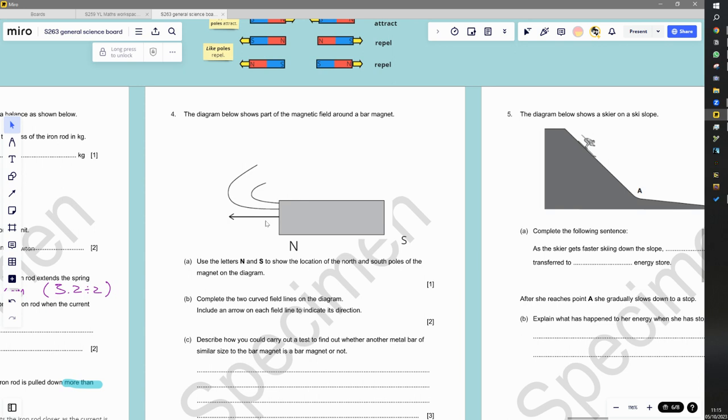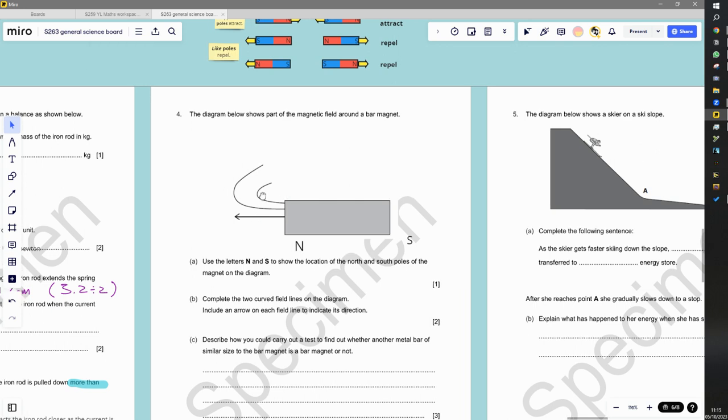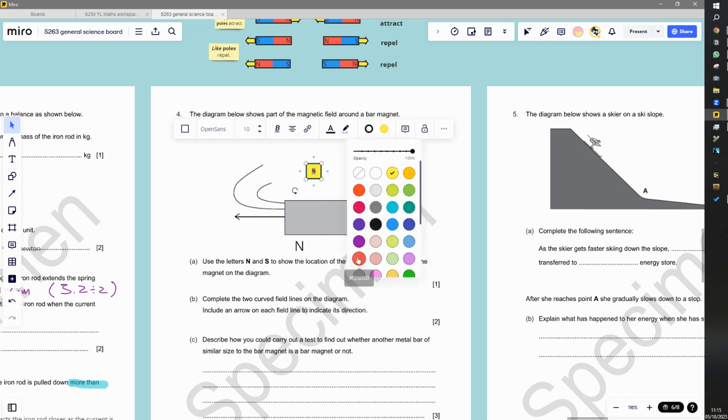so these arrows, when we draw field lines, we draw arrows, and basically the arrow is the direction a north pole would move. Imagine we could have a magnet with only one pole, right? And that pole would be north. So I'm going to write an N there and make it red.